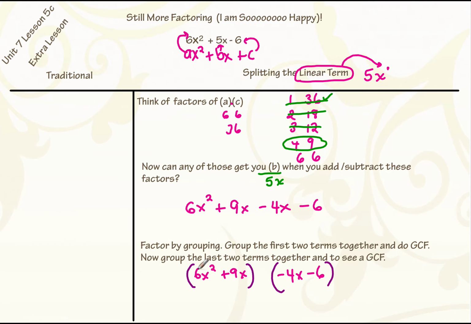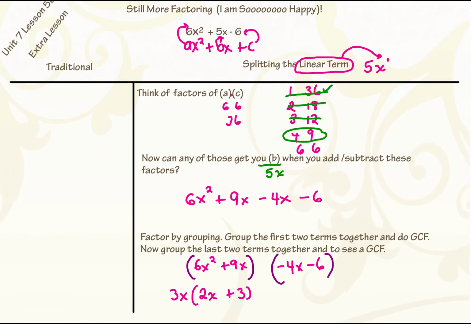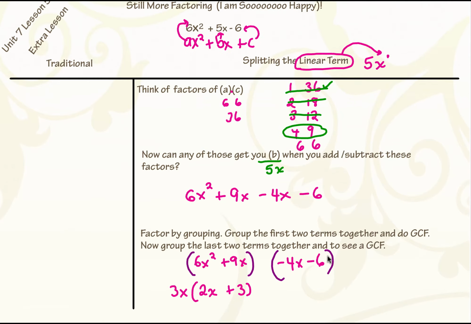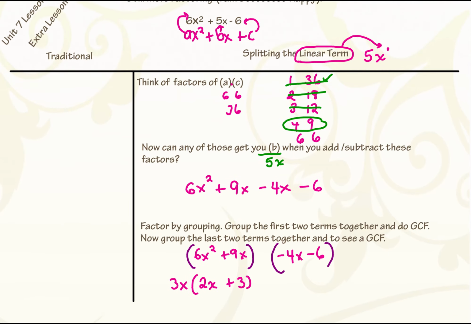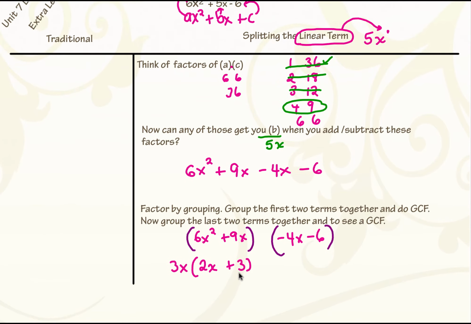So now I'm going to go and do the GCF here. What's common to 6 and 9? 3. What's common to x squared and x? X. And when I take out a 3x, I'm left with 2x plus 3. Now, here's the trick. When I do the GCF in the second set of parentheses here, I want to get this 2x plus 3 to show up again.